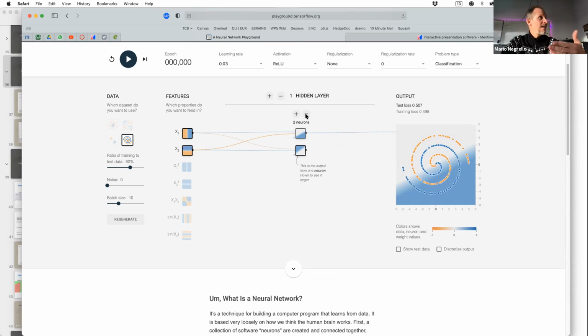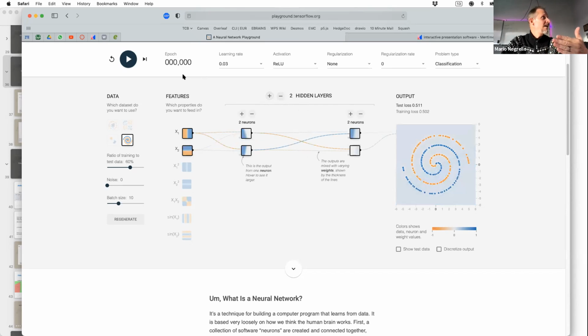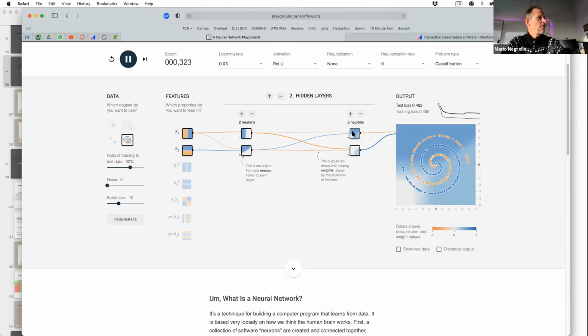Really, if you have more than one hidden layer, the decision boundaries in the second layer can actually be more complex. So here, for instance, I don't know if you notice, the top neuron and the bottom neuron are no longer simply a linear boundary. They become combinations of those boundaries.